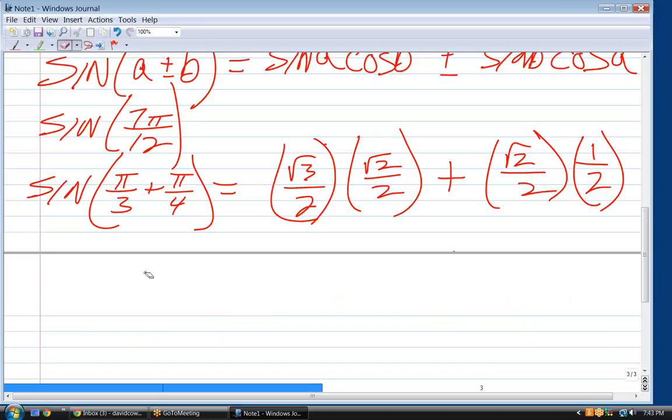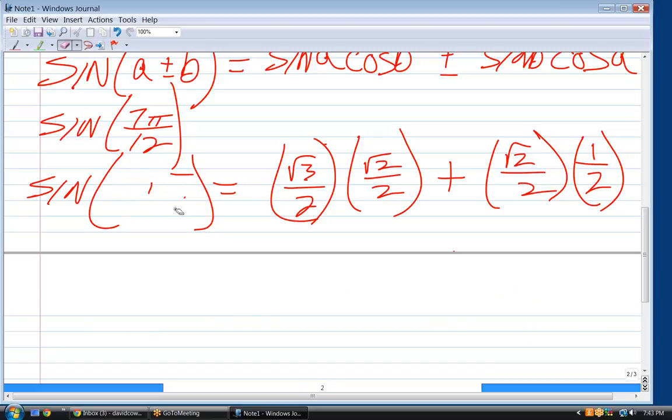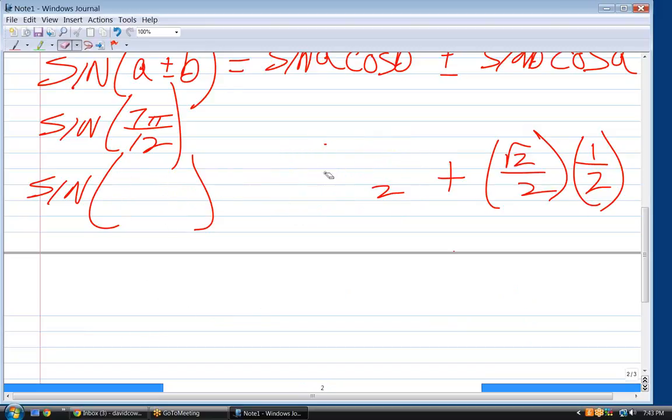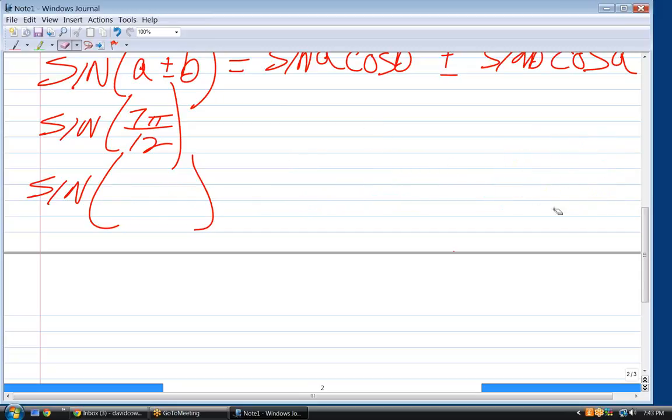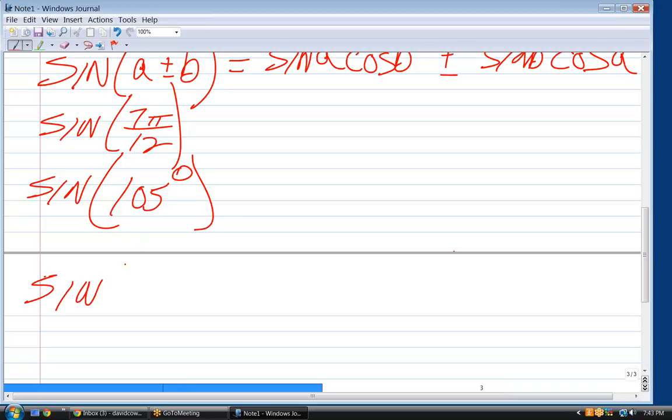But let's go back and do this slightly differently. Instead of working in radians, let's convert that to degrees. So I know that that's 105 degrees. And now, how am I going to split that up? Into 60 and 45, right? I mean, you don't want to split it up into 70 and 35 because we don't know those.